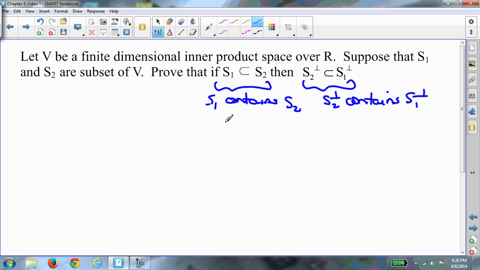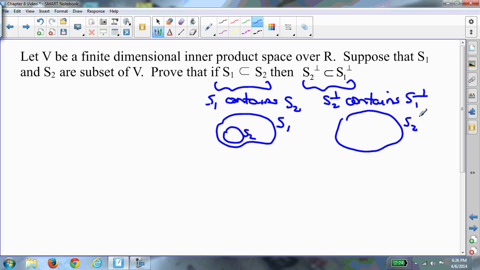That means basically if this space here is S1, then S1 contains S2, so S2 is somewhere in here. And then vice versa, S2 perp contains S1 perp, so my bigger space this time is S2 perp, and it contains S1 perp. And so what I need to do is prove that if S1 contains S2, then S2 perp contains S1 perp.